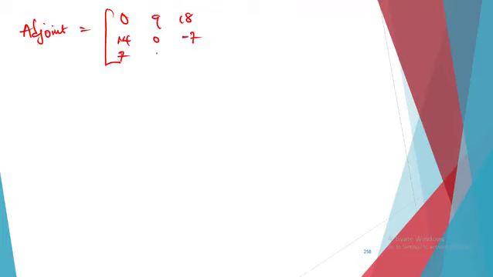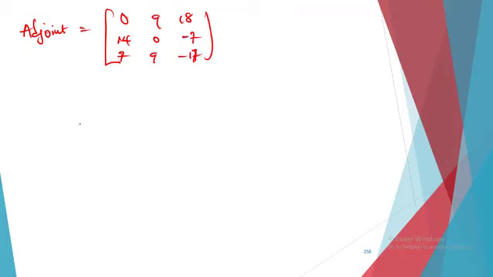Then we'll now find the adjoint, which is just a transpose. The adjoint of B is 0, 9, 18, 14, 0, minus 7, 7, 9, minus 17.